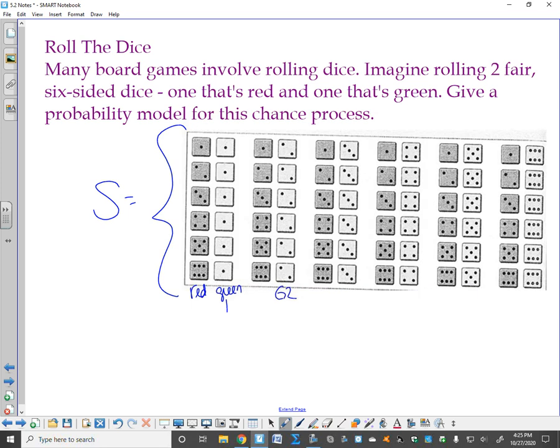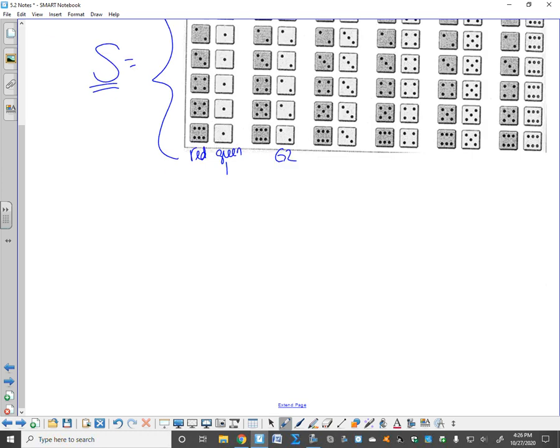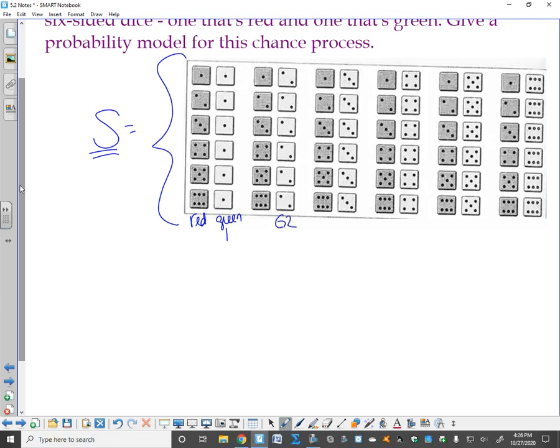Okay, so it says give a probability model. A probability model has 2 things. It has the sample space, and it has the probability for each item in the sample space. So S for my sample space. The probability of each outcome, and this is an outcome, and that's an outcome, all have an equal chance of happening.